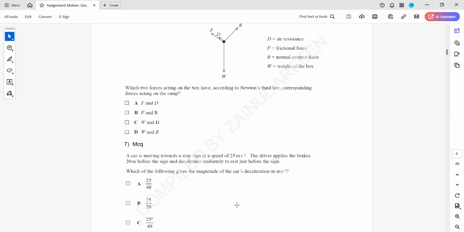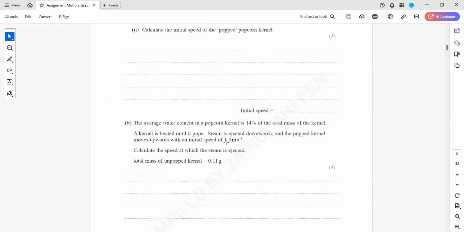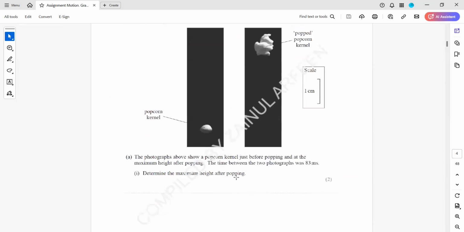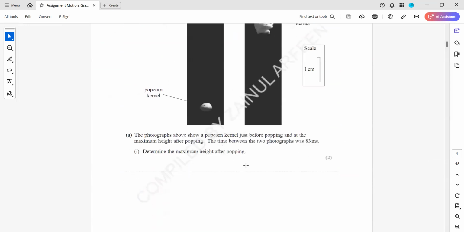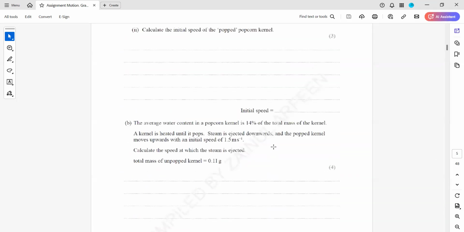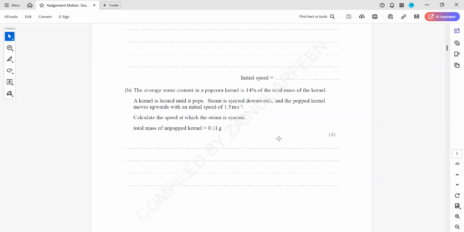Whenever in a question it is not mentioned, for example, in this question a popcorn kernel contains water, is heated and moves upward, and the photograph shows it popping. So they did not specify anything. When they don't specify, you will always assume there is no loss of energy. Because our formula, potential energy equals kinetic energy, is based on the assumption that there is no loss of energy.